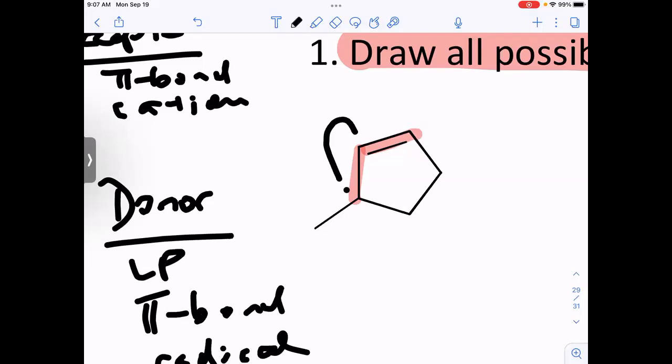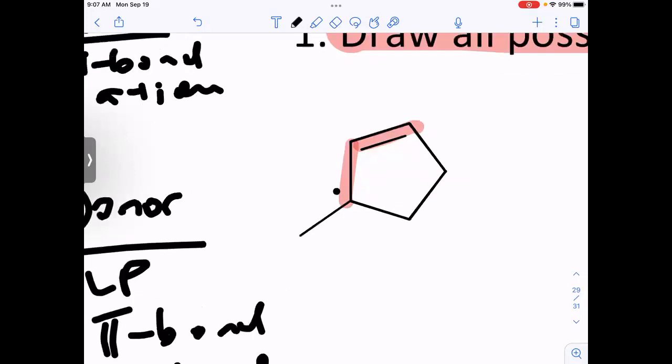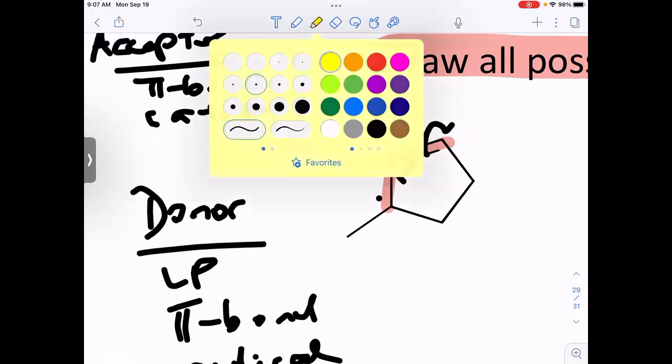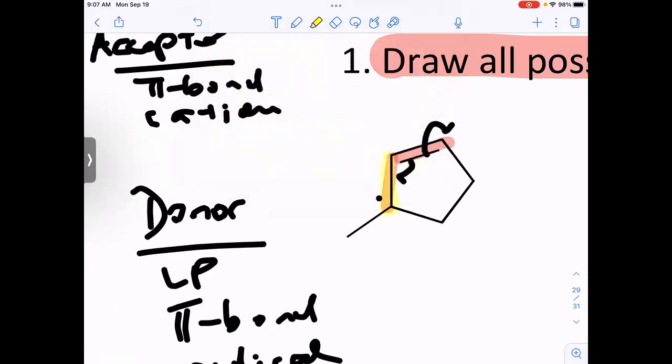But what you could do, and what happens for allylic radicals, is you take the double bond and you split it. Half of that bond, which would be 1 electron, would come here. Let me change colors real quick.